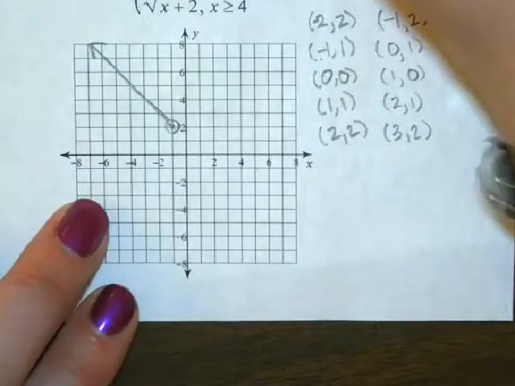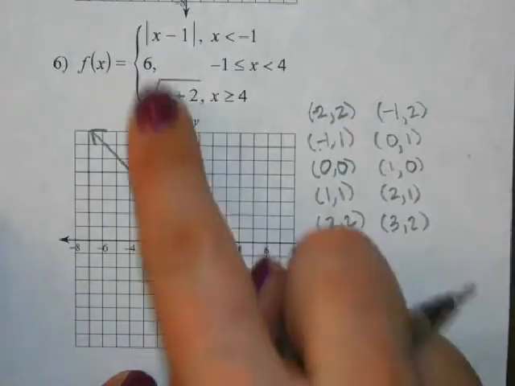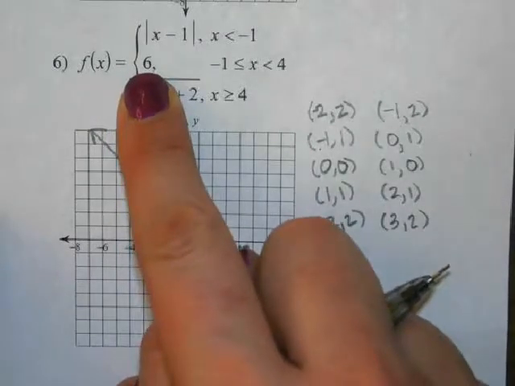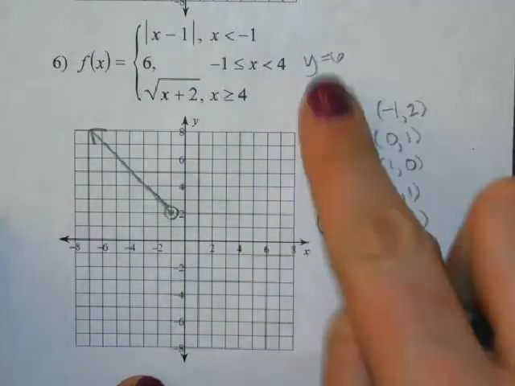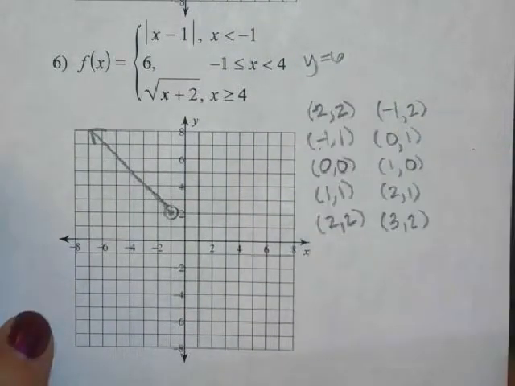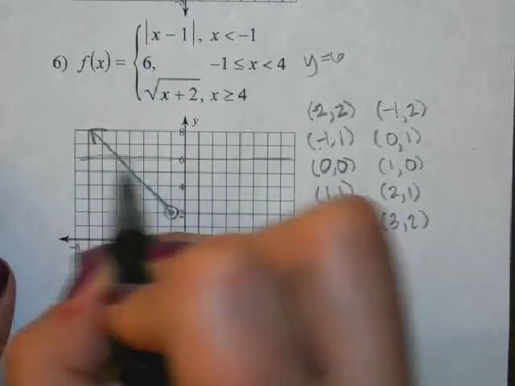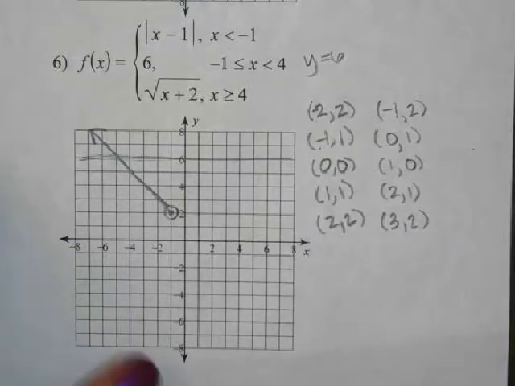Okay. And then this one right here, it just has a number. What does it mean? It means y equals 6, which is a horizontal line at 6. And what part do we keep?